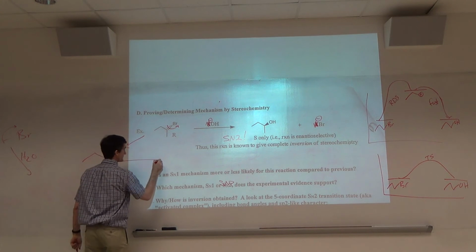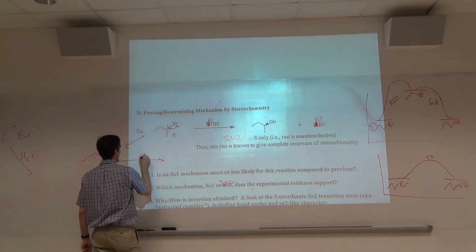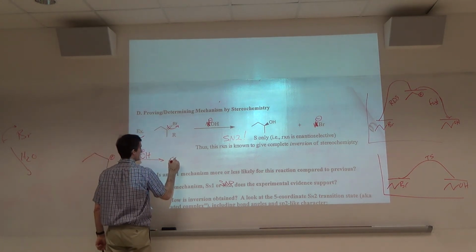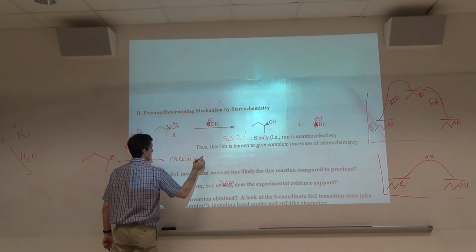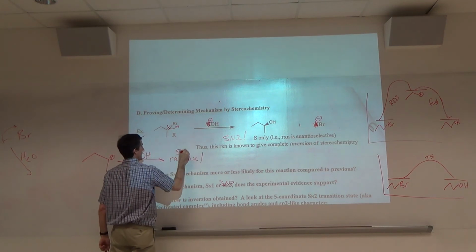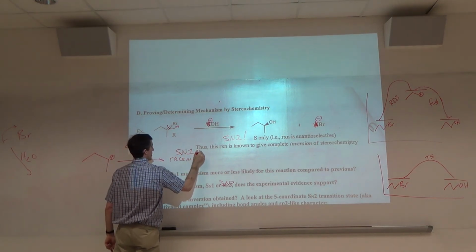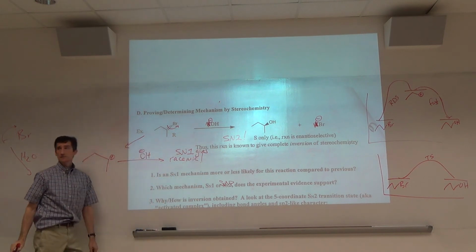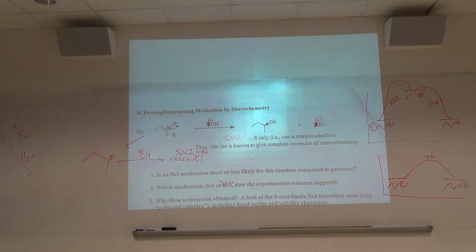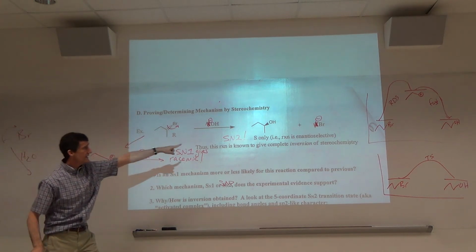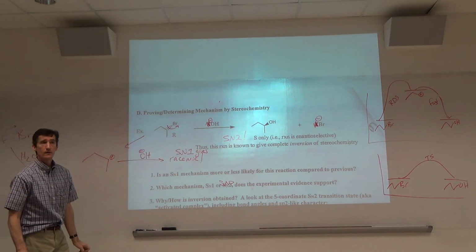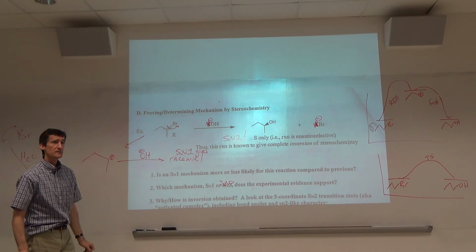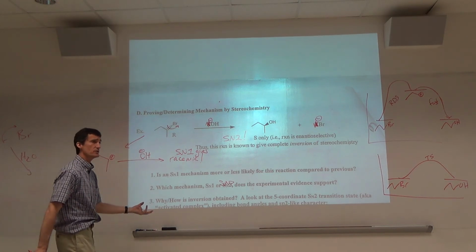Either. It'll be racemic. SN1 gives racemic, because you can attack a cation from either side. We didn't get racemic, we only got S. That means it's SN2.